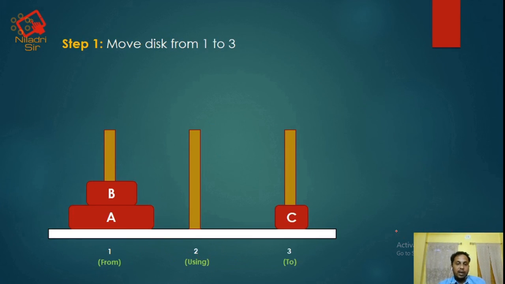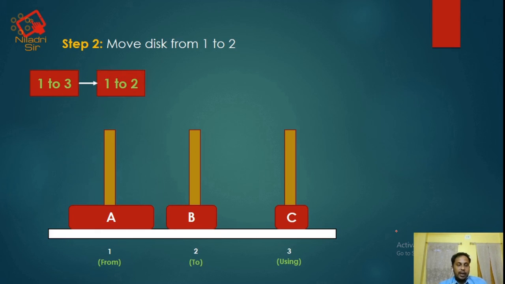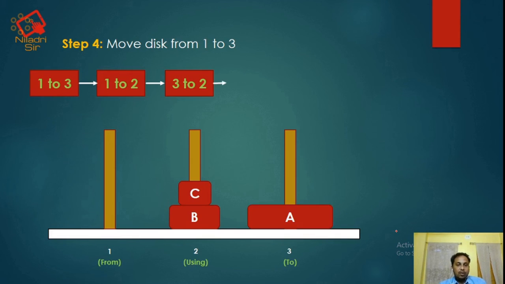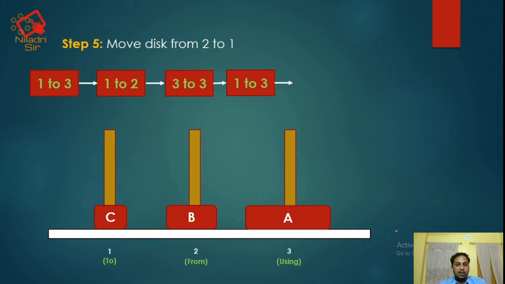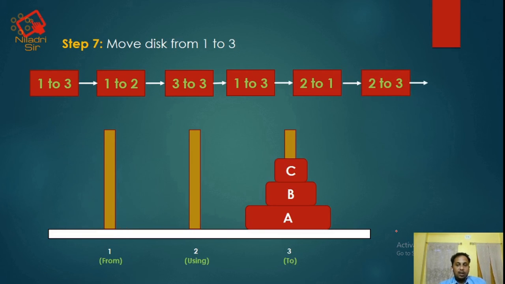Let me say it again: a transfer from 1 to 3, next 1 to 2, next 3 to 2, next 1 to 3, 2 to 1, 2 to 3, 1 to 3. There are 7 steps and all are completed.